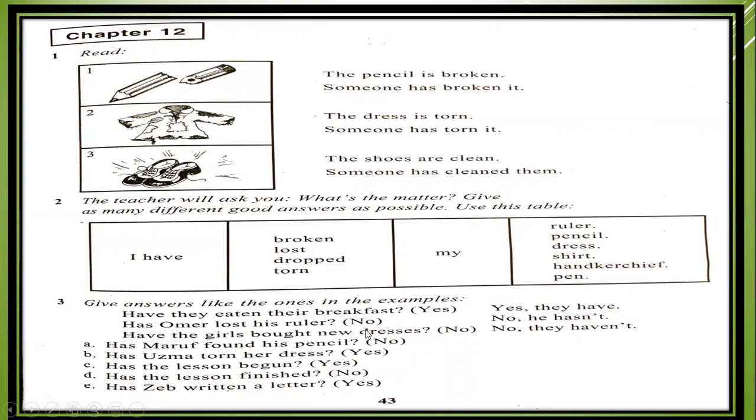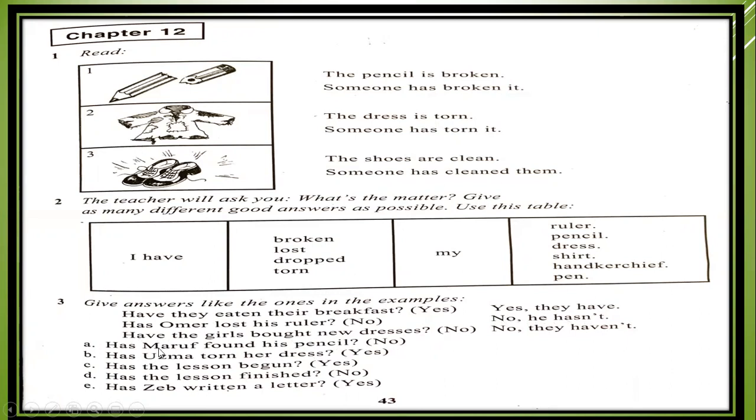Has Umar lost his ruler? No, he hasn't, or has not. Hasn't means has not. Have the girls bought new dresses? No, they haven't. Means they have not. Okay? Has Maruf found his pencil?